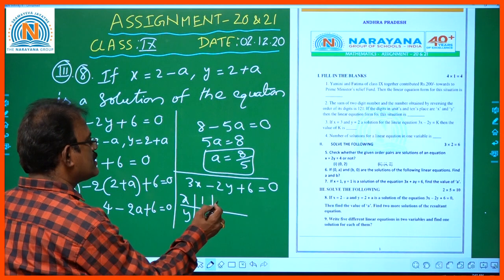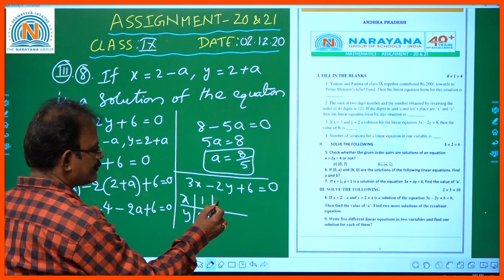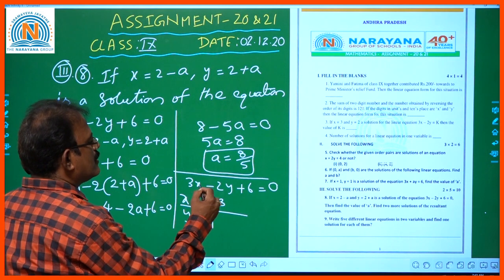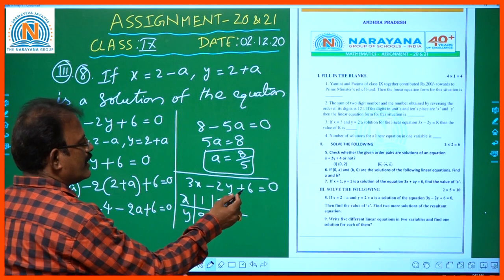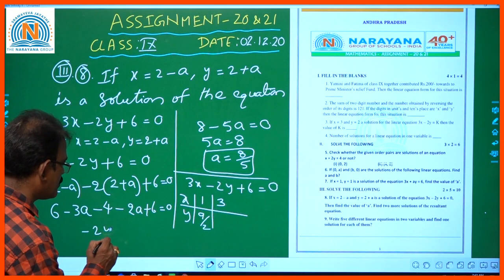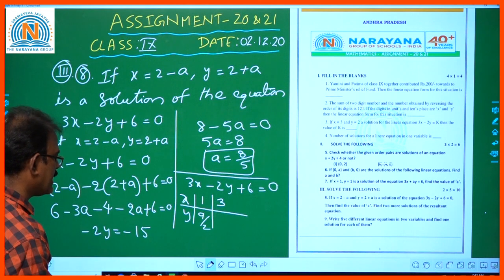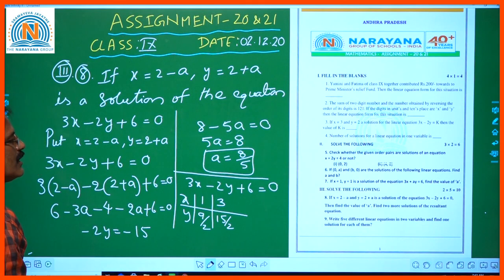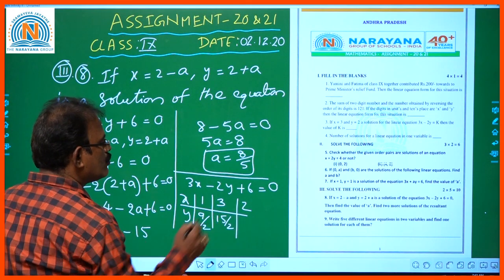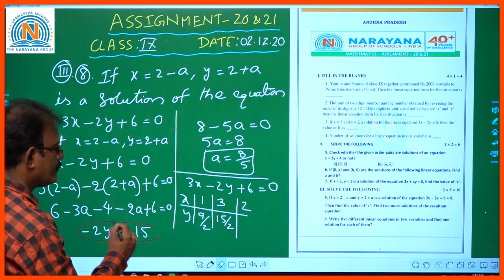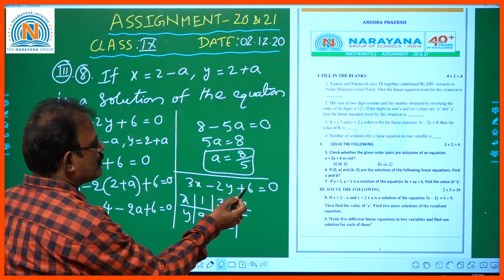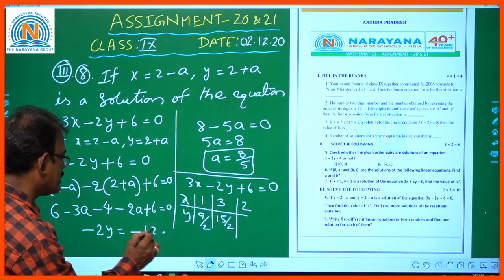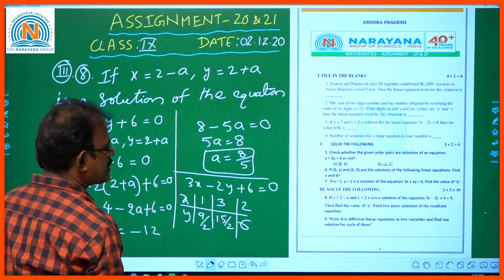And if x is equal to 3, 3 threes are 9, 9 plus 6 is 15, so minus 2y is equal to minus 15, minus minus getting cancelled, y is 15 by 2. Say for example, if x is equal to 2, 3 twos are 6, 6 plus 6 is 12, so minus 2y is equal to minus 12, minus minus getting cancelled, y is equal to 12 by 2, 6.